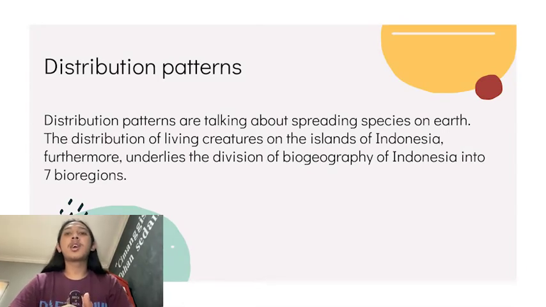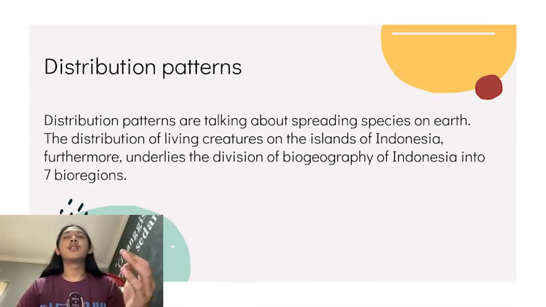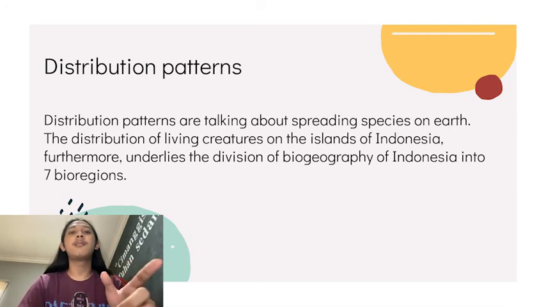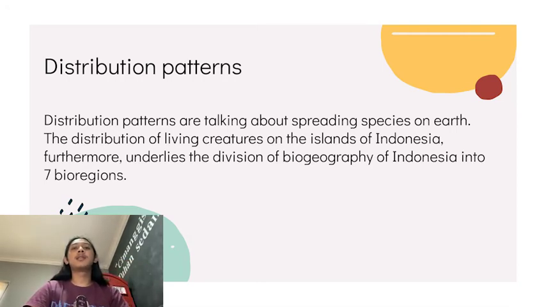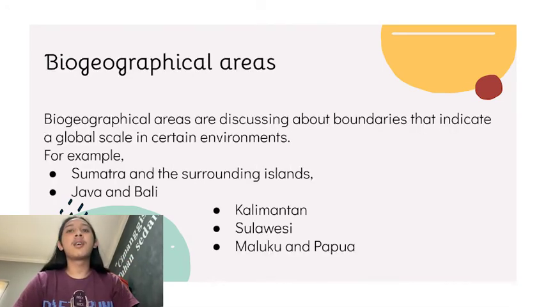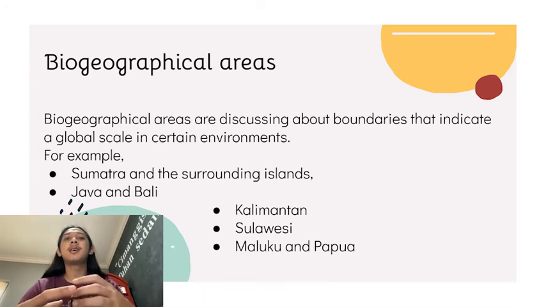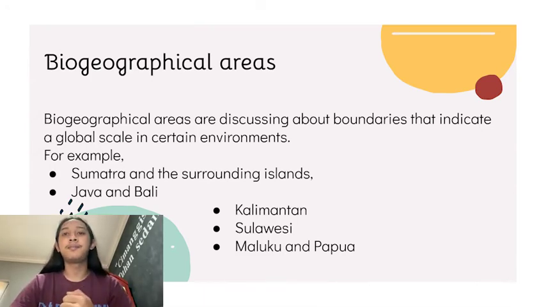Distribution patterns are about how species spread on Earth. The living creatures on the islands of Indonesia are divided into 7 bioregions. Next, the last one is biogeographical areas. Biogeographical areas are the boundaries that indicate the global scale in a certain environment.